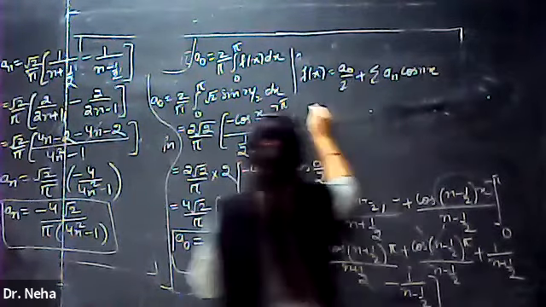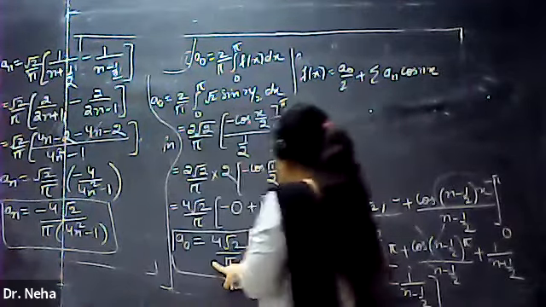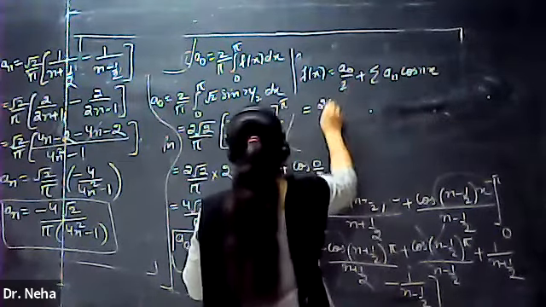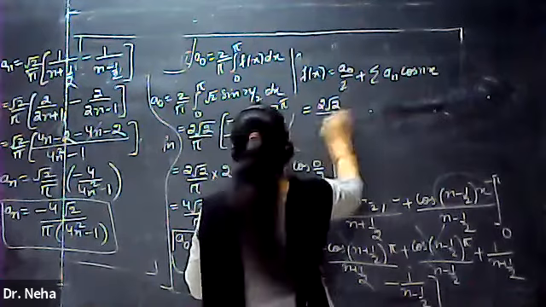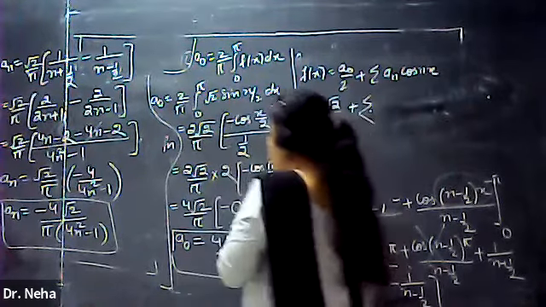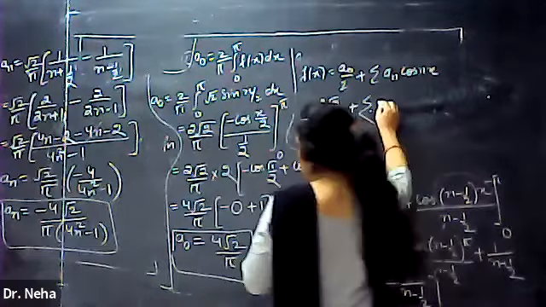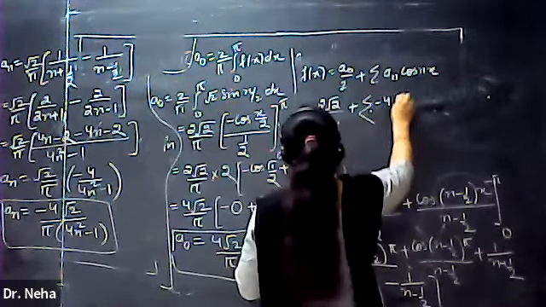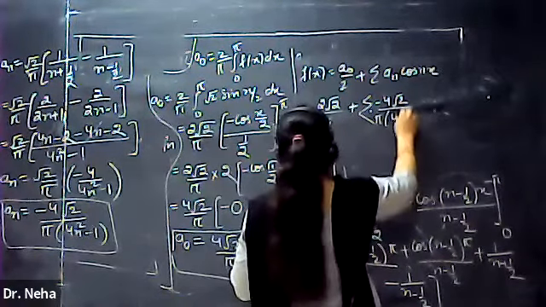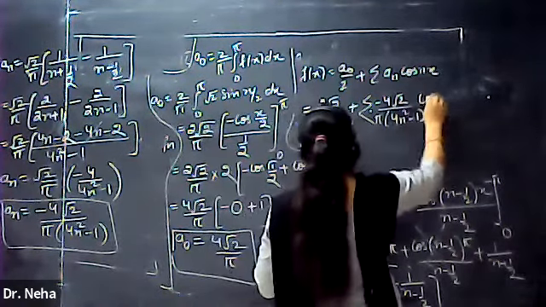Because bn equal to 0. Now what was a naught? This one, 4 root 2 upon pi. 2 and 4 will be cancelled out and you will get 2 square root of 2 upon pi plus summation an, minus 4 square root of 2 upon pi into 4n square minus 1, into cos nx.